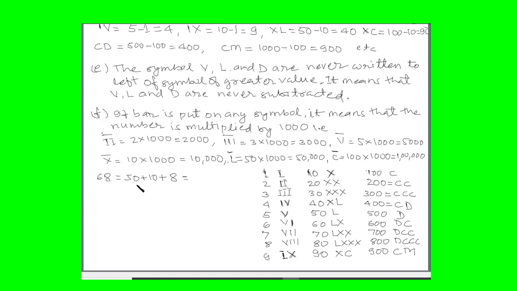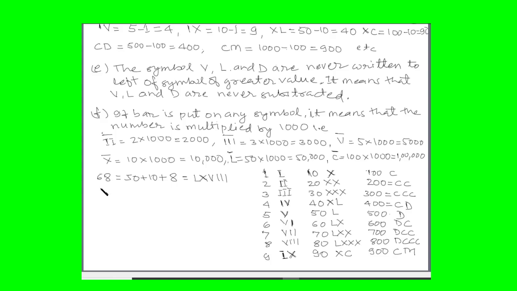50, we know from the chart, is L. So we write L. Plus 10 is X. This has become 60. Now 8. We go here. We find this 8 is VIII. So LXVIII is our 68.